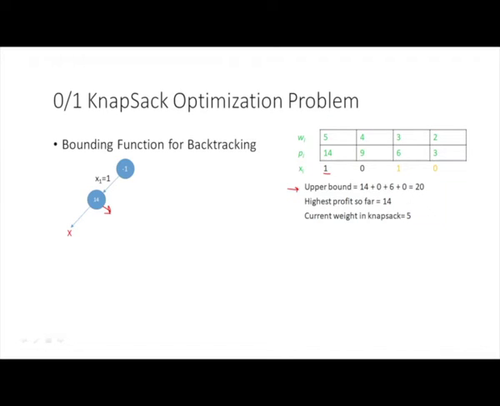So x2 is taken as 0. What would be the greedy solution to this partial problem? It would be 5 and 3, which is equal to 8. So we will take the third item as a whole, and this fills up the knapsack, and x4 would be equal to 0. So the upper bound would be 14 plus 6, which is equal to 20.